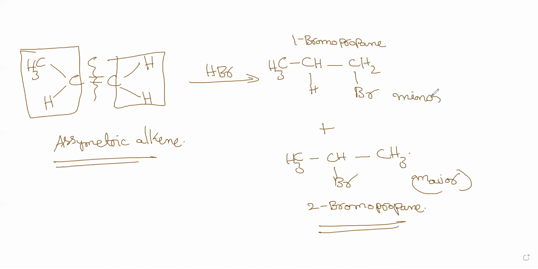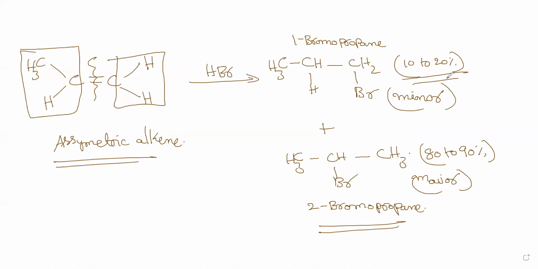I hope you understand what is major and minor. The major product will be like 80 to 90%, or even more depending upon the situation. The minor will be between 10 to 20%, or even less than that.